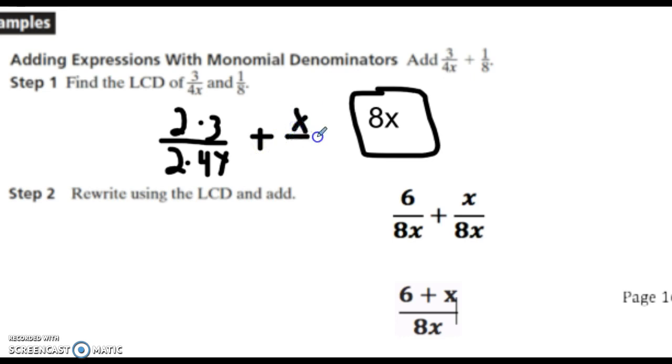So when you do that, that leaves you with x over 8x. So now we can add our numerators, and we get 6 plus x, and we slide our denominator, and that's 8x. Because our numerator doesn't have any factors, we are done.